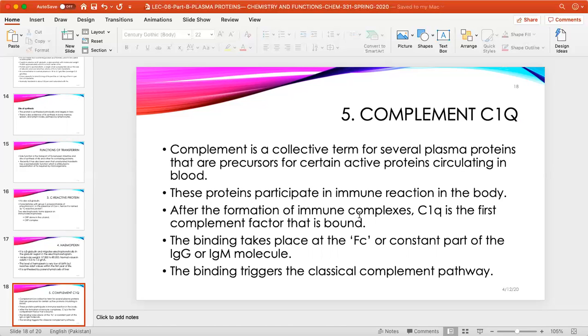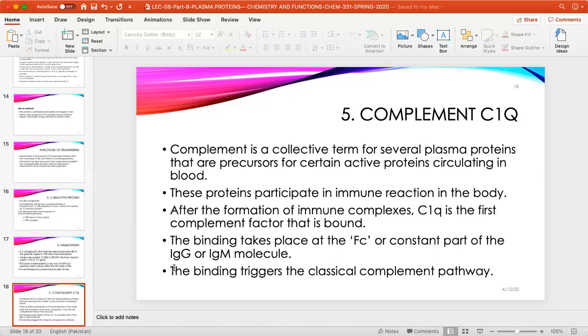After the formation of immune complexes, C1q is the first complement factor that is bound. The binding takes place at the Fc or constant part of the IgG or IgM molecule, and the binding triggers the classical complement pathway.